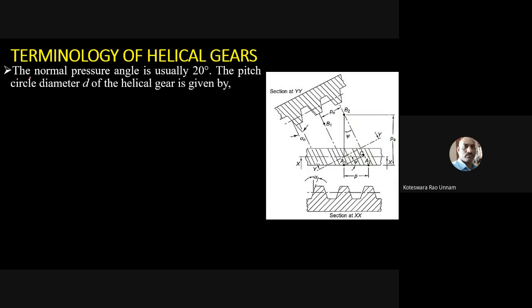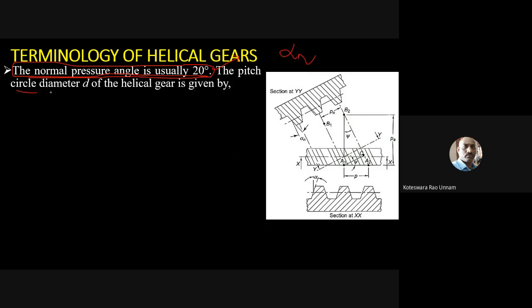The normal pressure angle is usually 20 degrees. While designing helical gears, we need to consider the normal pressure angle, which is 20 degrees, denoted by alpha n.